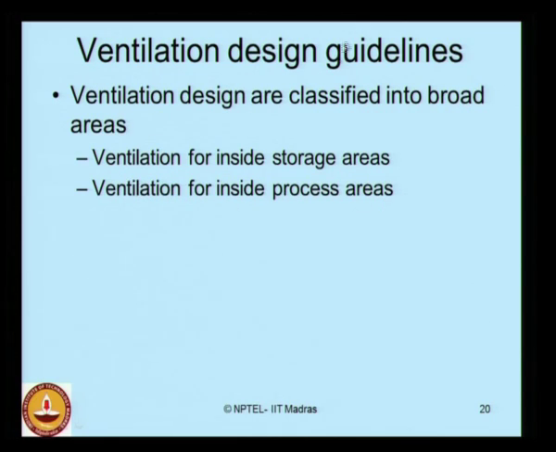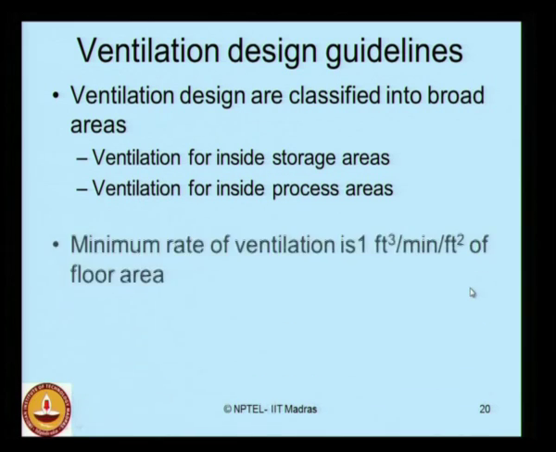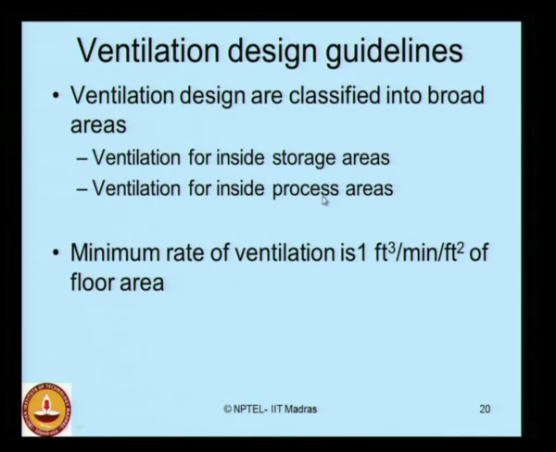The ventilation guidelines are strictly meant only when storage and process happen in a contained environment, what we call inside areas. In both cases, whether for storage or for process, the minimum rate of ventilation is 1 cubic feet per minute per square feet of the floor area.